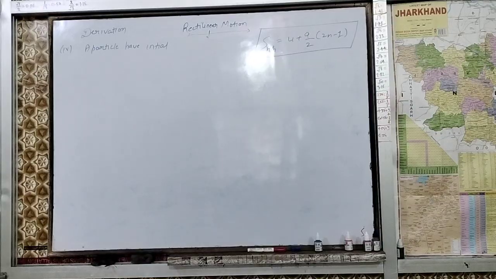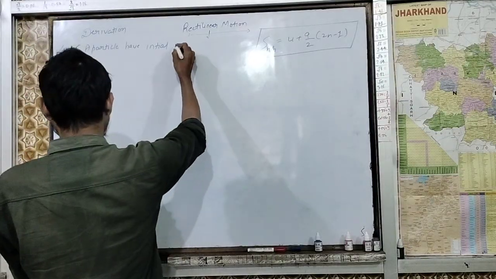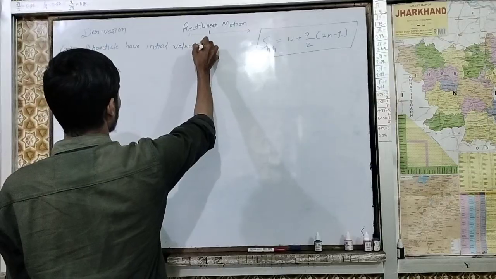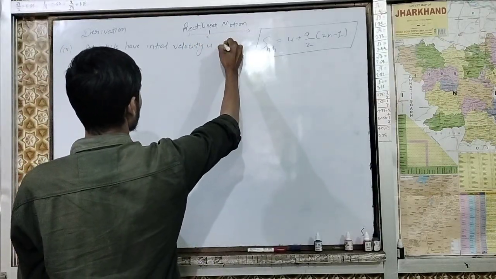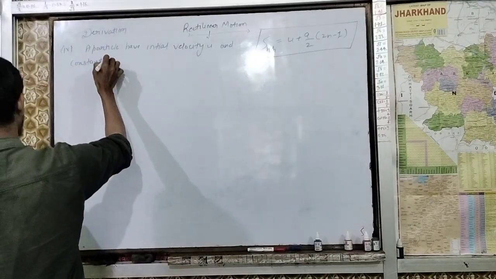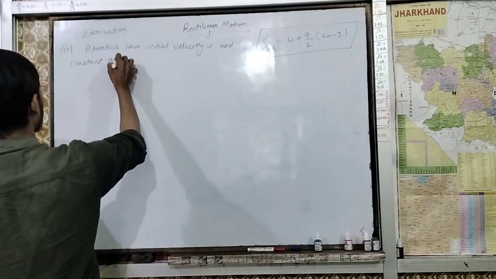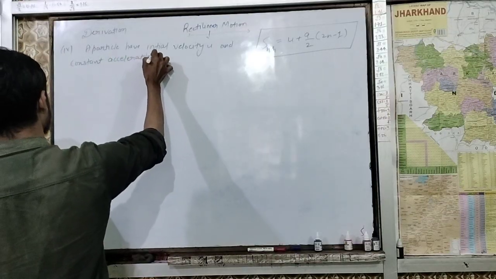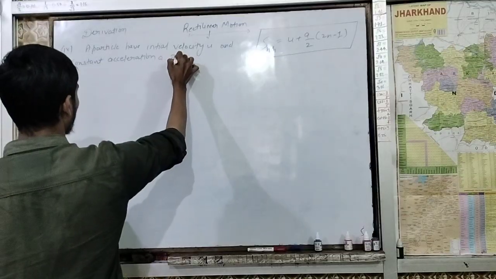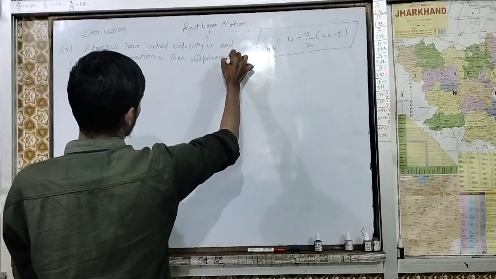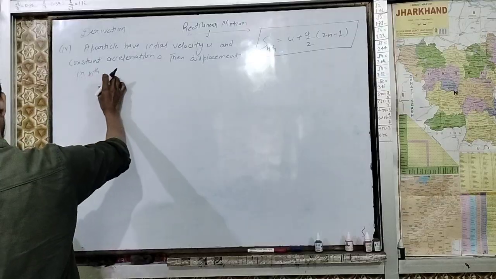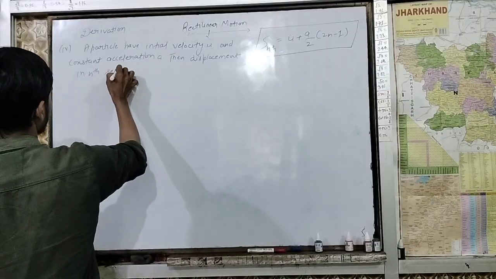A particle has initial velocity u and constant acceleration a, then find the displacement in the nth second.